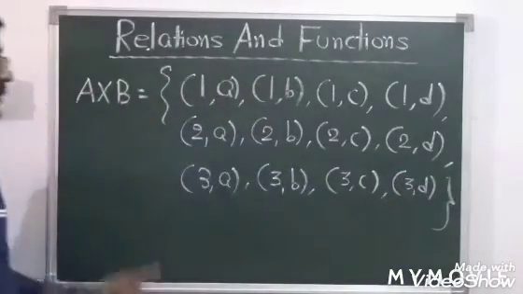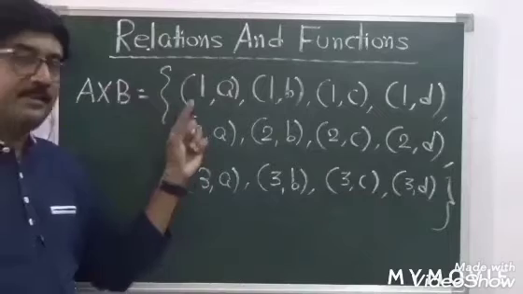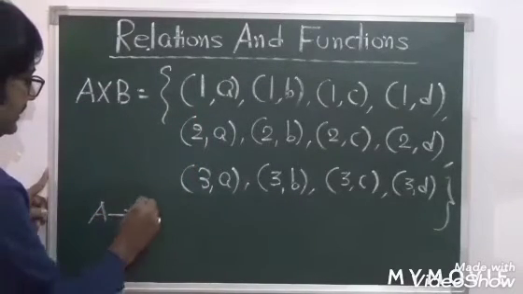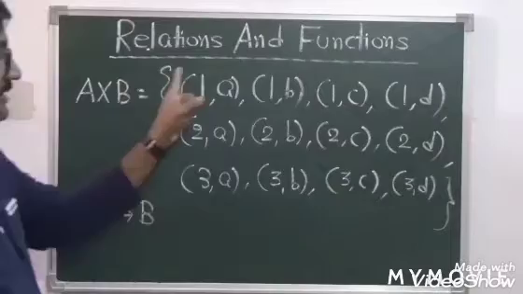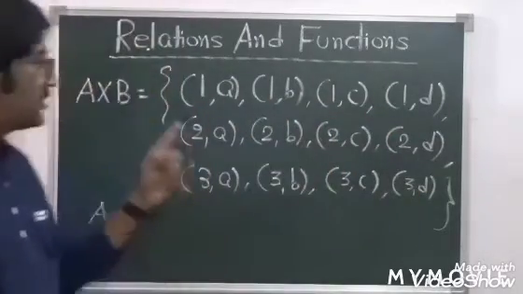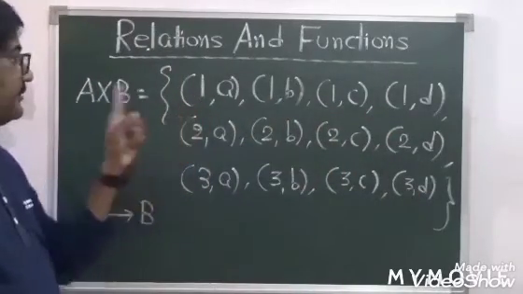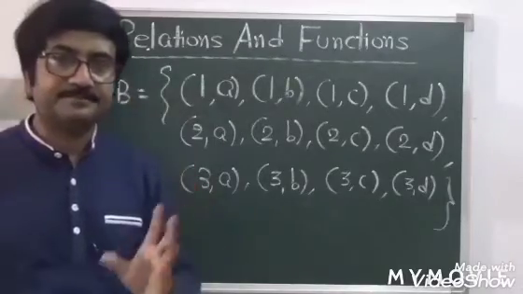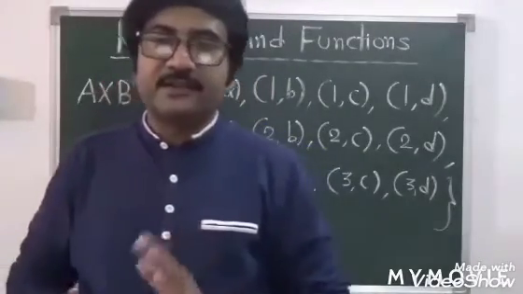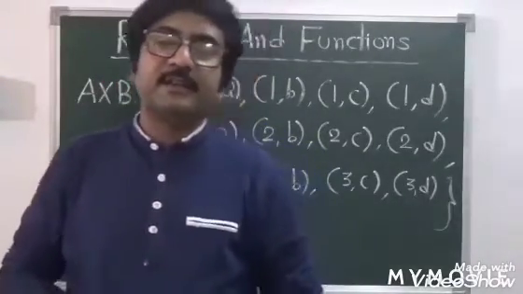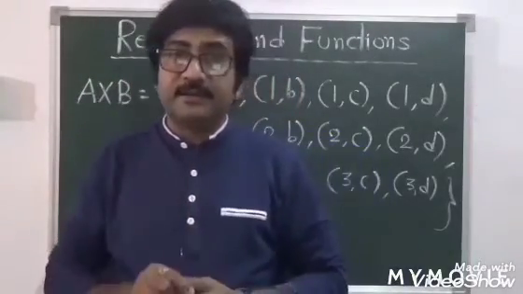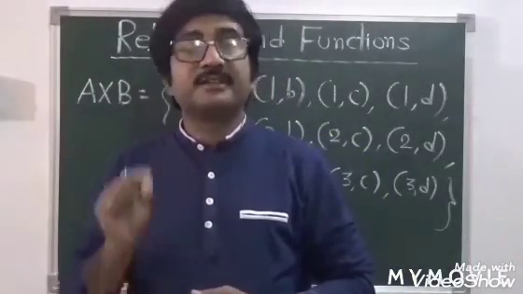So this is the Cartesian product of A and B, that is represented by A cross B. You can write it as moving from set A to set B. So these are all the ordered pairs where each first element is from set A and the second element is from set B. So this is an entire Cartesian product which moves from set A to set B. Please note, order in the ordered pair is important.